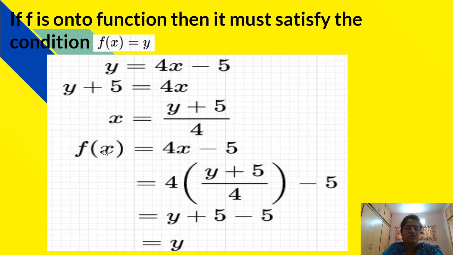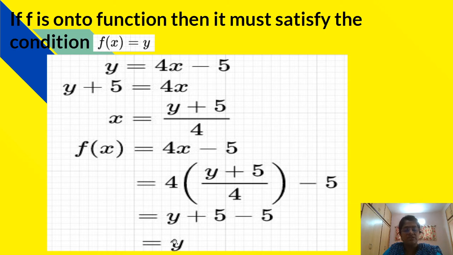Consider f(x), which is 4x - 5, and which is equal to 4 times (y + 5)/4 - 5, because x = (y + 5)/4. Cancelling this 4, we will get y + 5 and this -5. Cancelling this +5 and -5, we will get y.